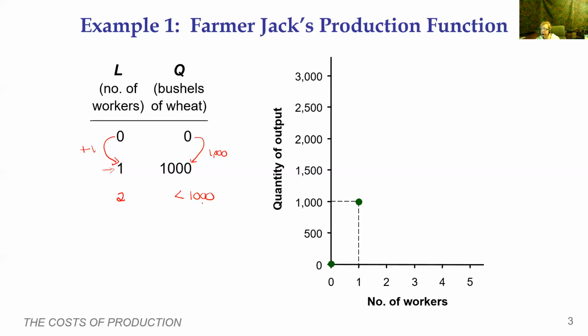How do I know that? Well, think about this. If there's only 1 worker, they can decide when to do something and when not to do it. They have all the capital available to them at their disposal when they need it. Yet when Farmer Jack hires the second worker, there's a thing which has to take place, and this thing is called a coordination of effort.